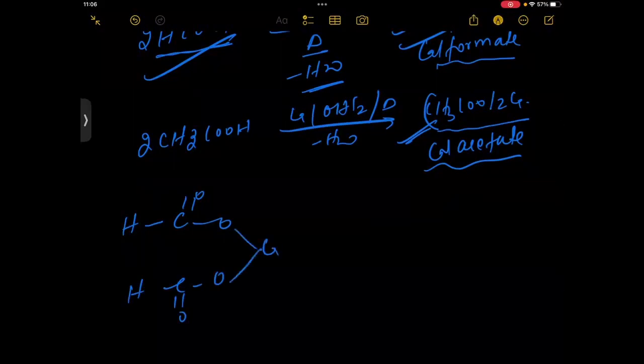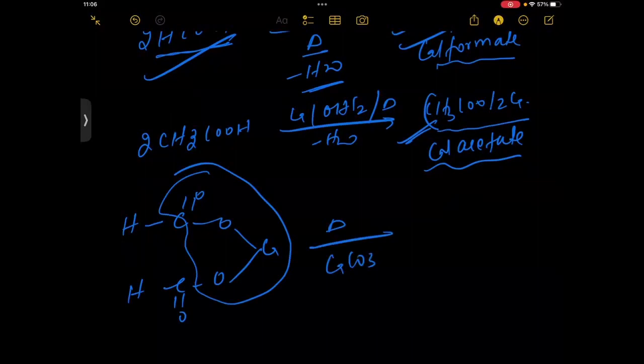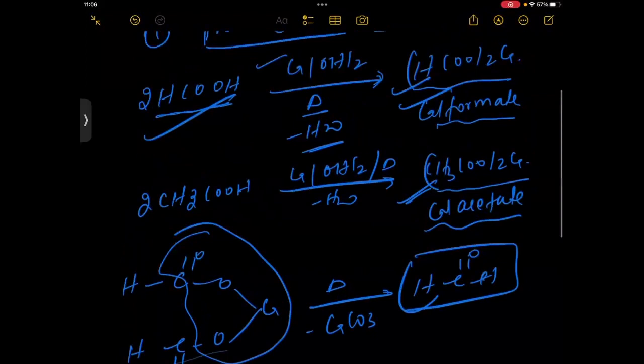Okay, and we supply the heat. So what will happen, students? When we supply the heat, the calcium carbonate will release and the compound will form the formaldehyde. Okay, correct?